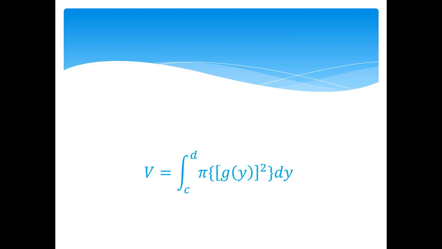When we take the limit of a Riemann sum, we get an integral. So this type of integral we're going to be using every time we want to calculate the volume of revolution when we revolve a region around the y-axis.